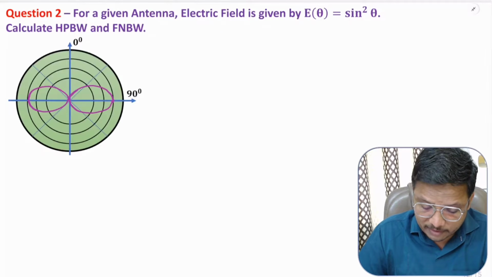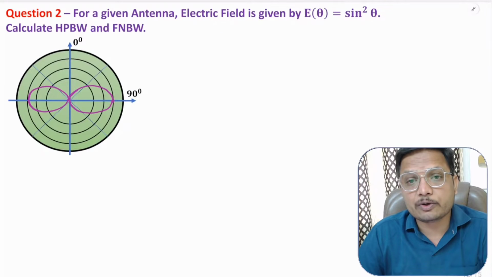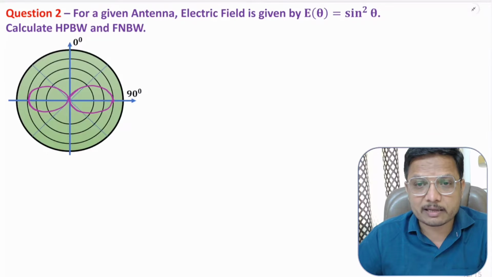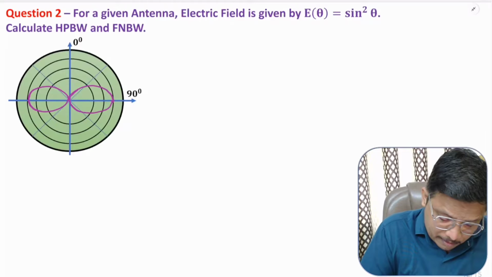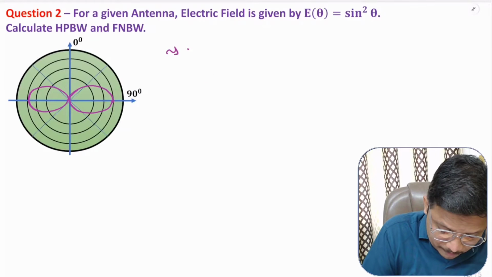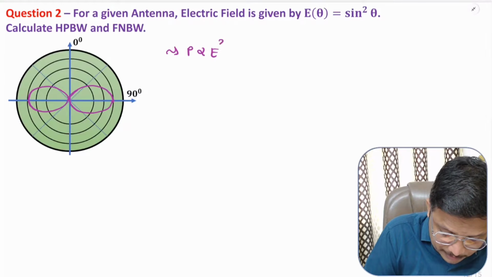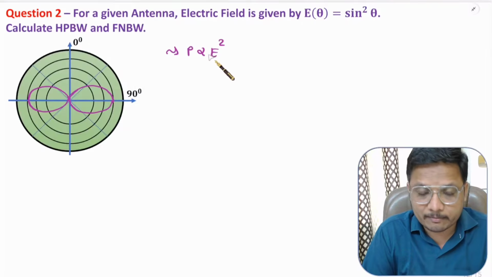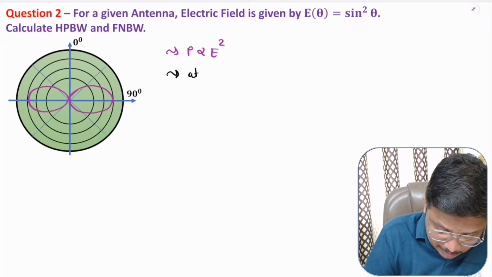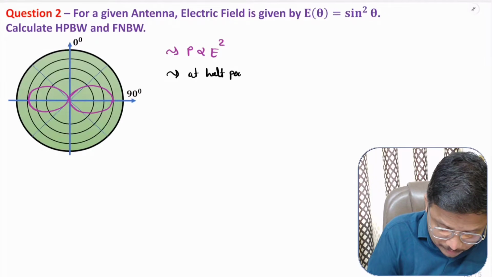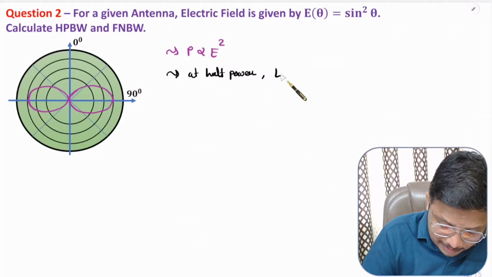If you want to identify half power beam width, then first of all you should know the basic relationship between power and electric field. See, power and electric field are related as P is proportional to E square, right? So at half power, one should know electric field will be 1 by root 2.